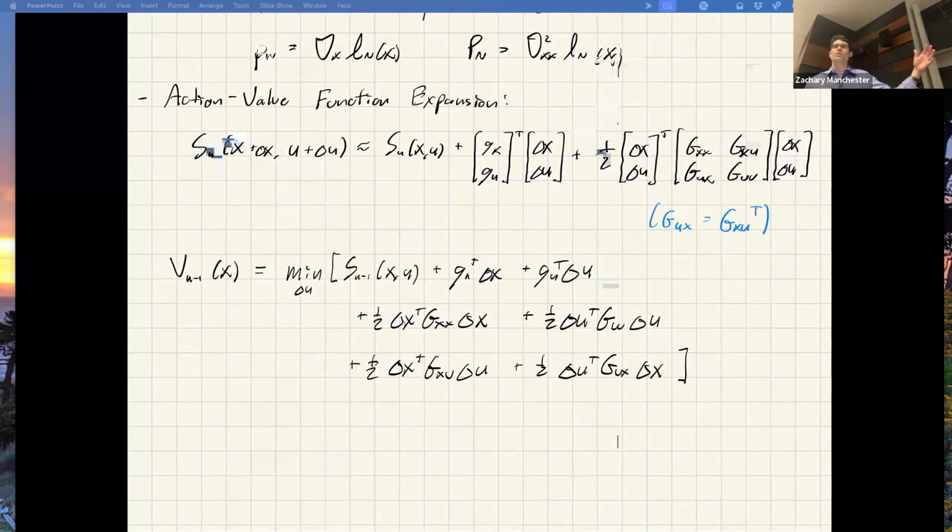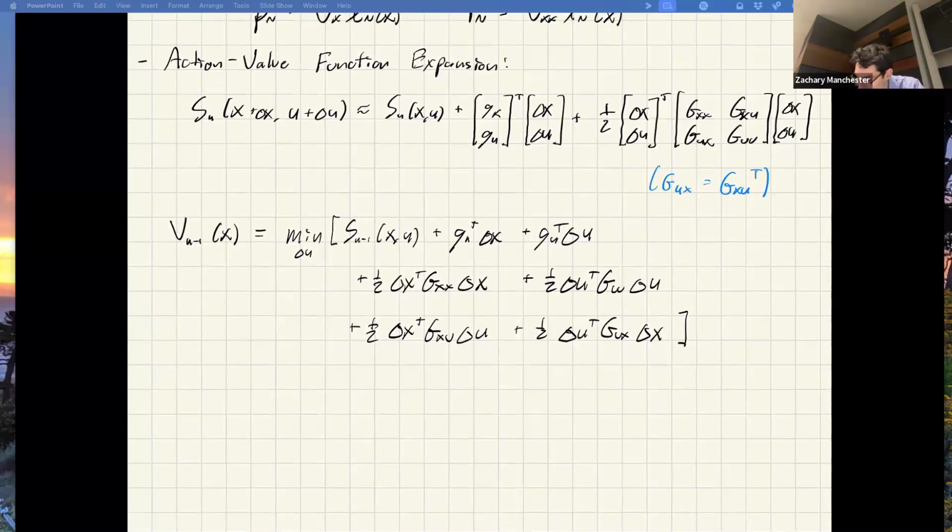The next move is that this thing is a nice convex quadratic by assumption. So I'm going to take the gradient and set it equal to 0, like we did before. This is easy. The gradient with respect to delta u of this thing is G_U plus G_UU delta u plus G_UX delta x.